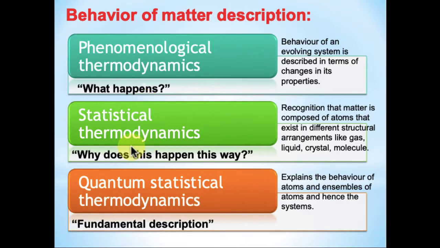The more profound question, why does this happen this way, which seeks a level of explanation of observed phenomena, requires the statistical approach, and even more fundamentally, quantum statistical thermodynamics uses this kind of approach.